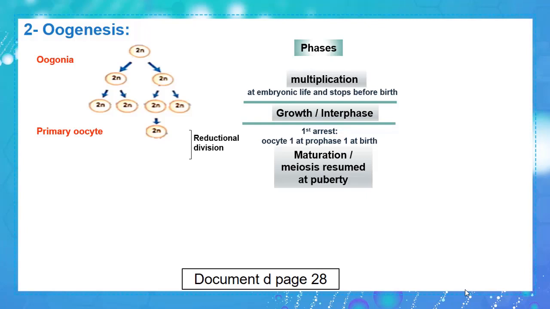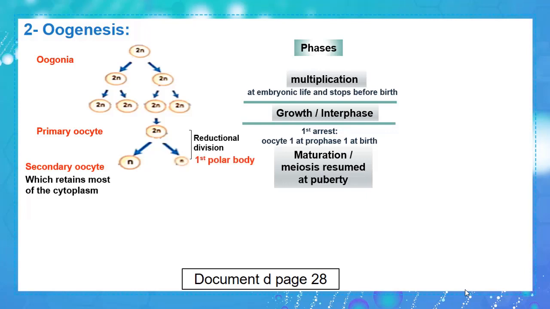An oocyte 1 that undergoes the reductional division gives 2 haploid cells with n chromosomes. One large cell called oocyte 2 and another very small cell that is called the first polar body. This polar body will soon degenerate, maybe before or after it continues its meiotic division.